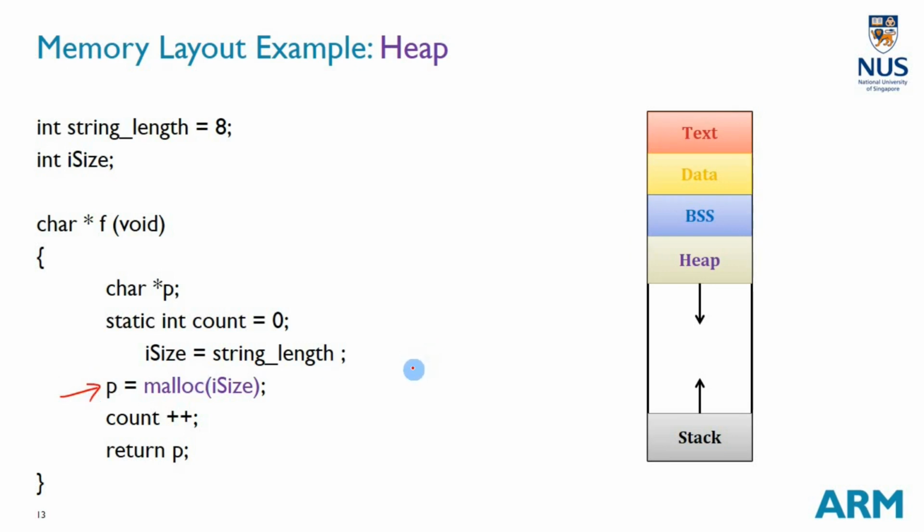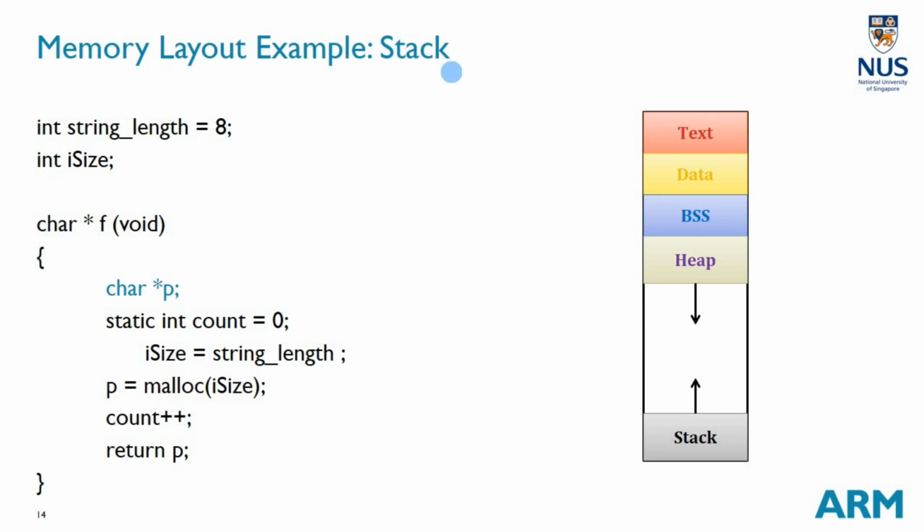For malloc, we will make use of the heap, as we saw just now. We also have a local variable char asterisk p, which will be stored on the stack space. So that gives you an idea of how the different sections of the code would occupy different segments of the memory system.